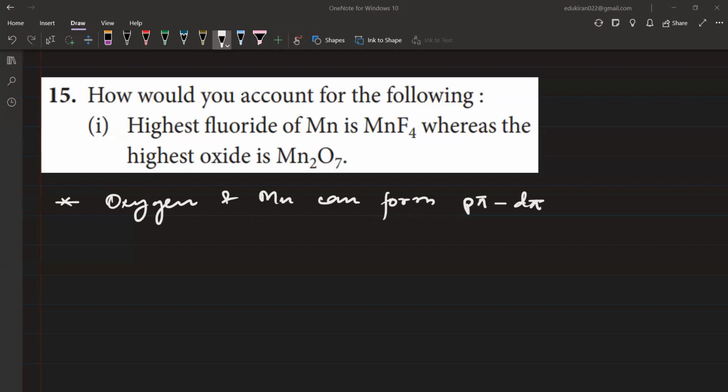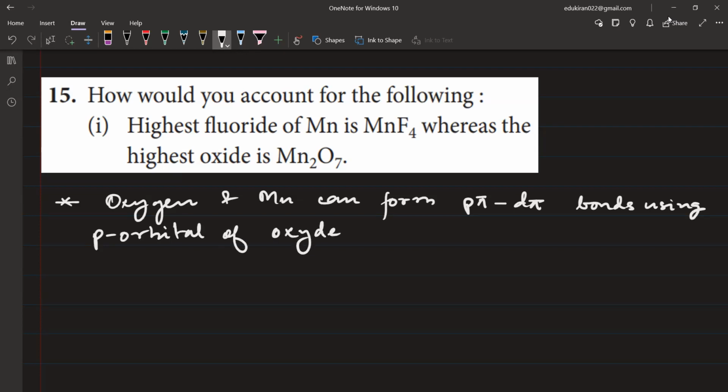Okay, please write. Oxygen can form p pi d pi bonds using p orbital of oxygen and d orbital of Mn.